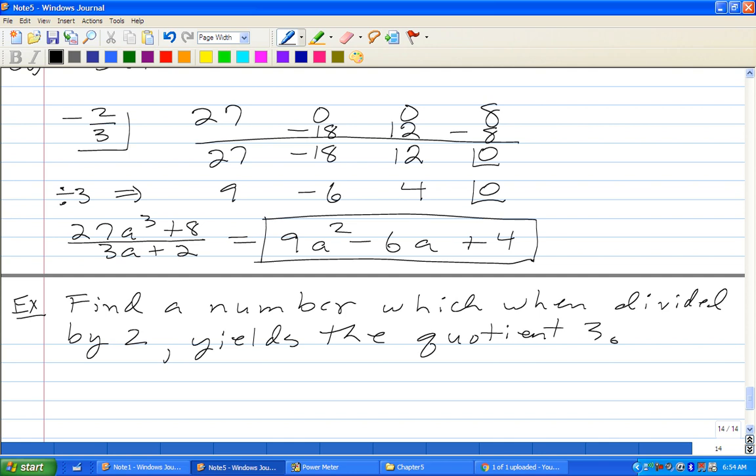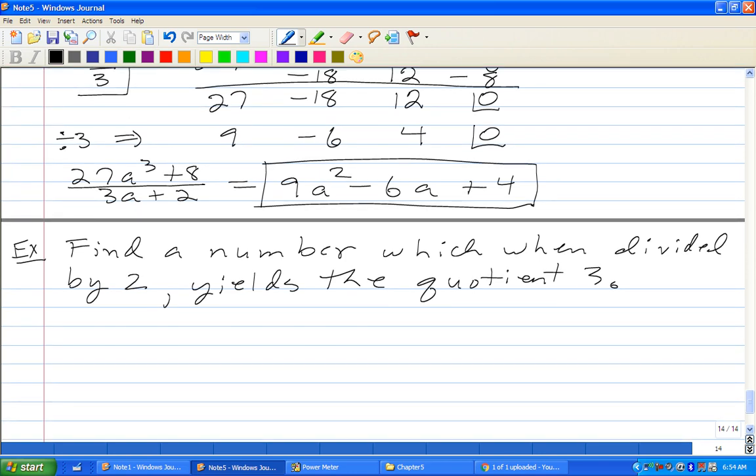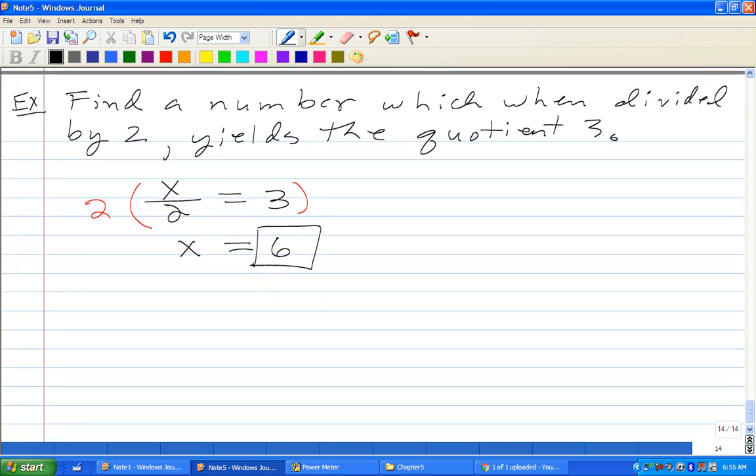And so I want to find a number which, when divided by 2, yields the number 3. Well, if I multiply by 2, I get x is equal to 6. And obviously, 6 is a number which, when divided by 2, yields the number 3.